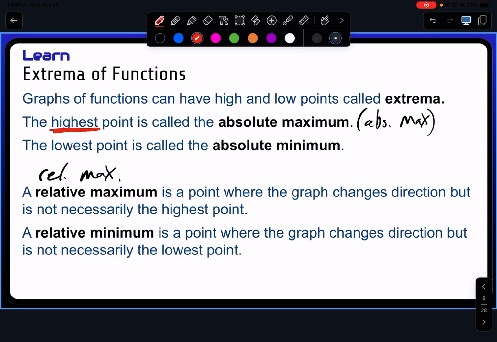I would say this is really important, that superlative statement there: the highest point and lowest point. And then on the relative part, the most important thing is changes direction.